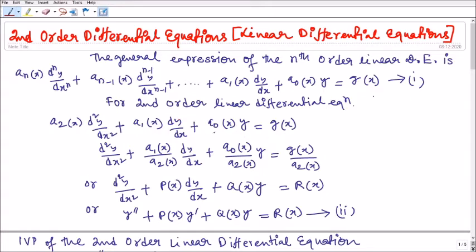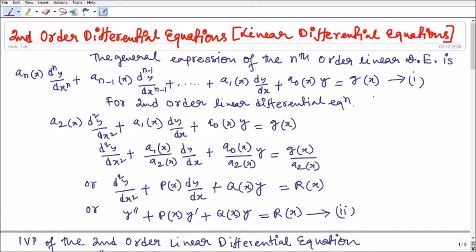So it will contain the derivatives up to second order: the second order derivative of y, first order derivative of y, and y itself. Now dividing this equation by a2(x), we get d2y/dx2 plus a1/a2 dy/dx plus a0/a2 y equal to g(x)/a2(x).